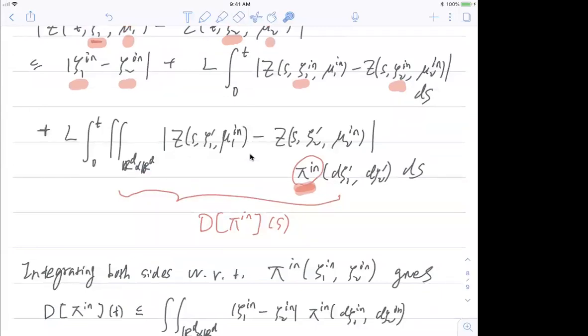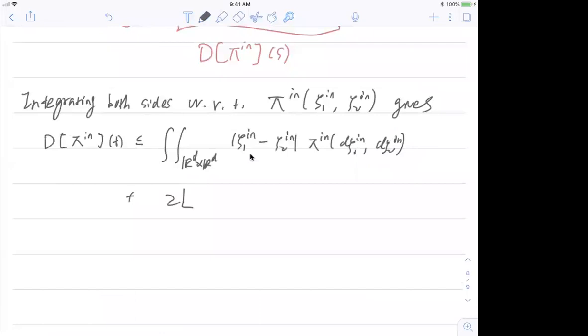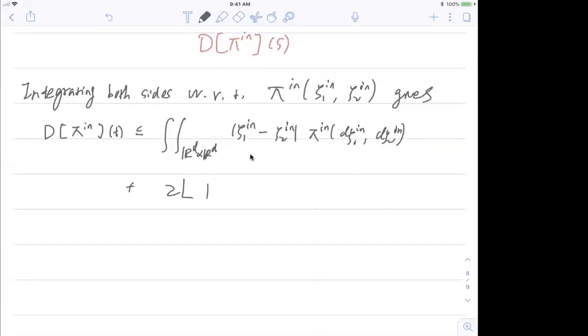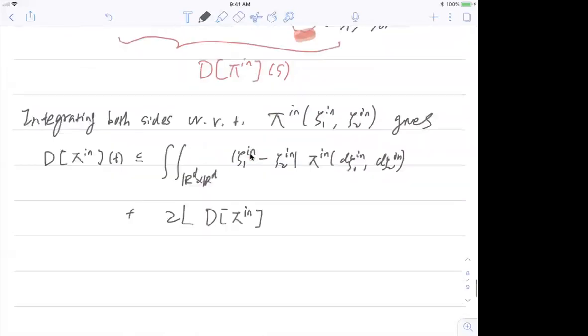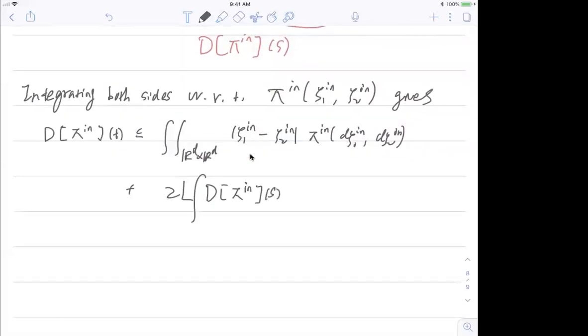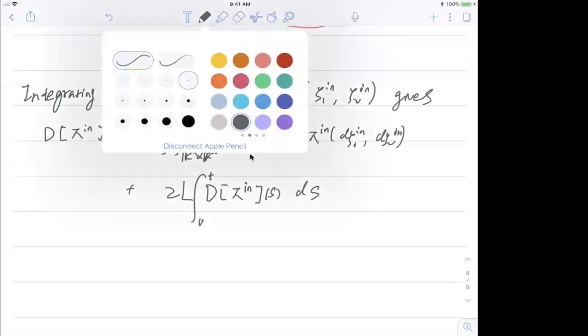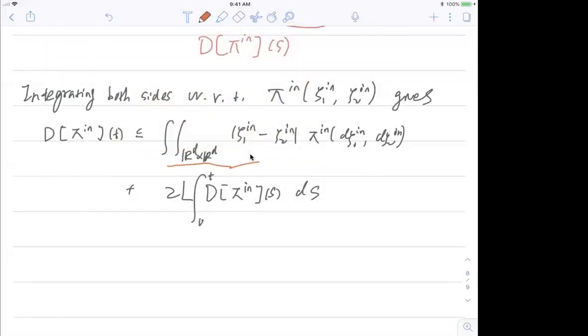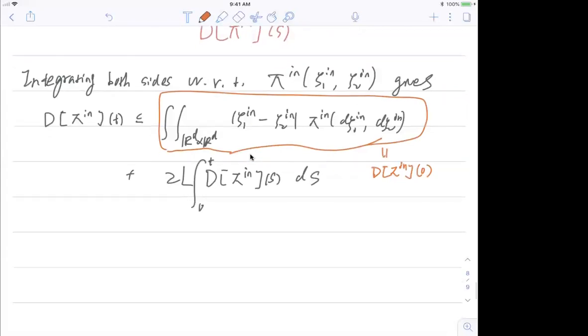So now there are two terms, and they are integrated with time. This is what we get. And what is this term? This term is just initial, it's just d pi initial, d pi 0.